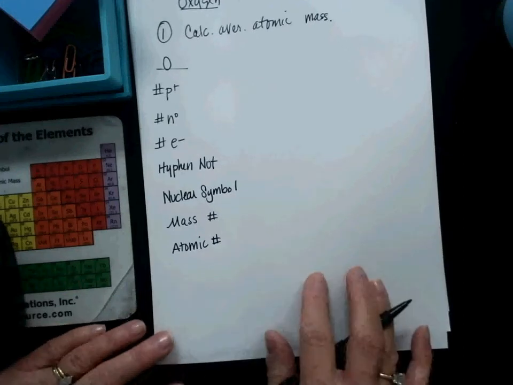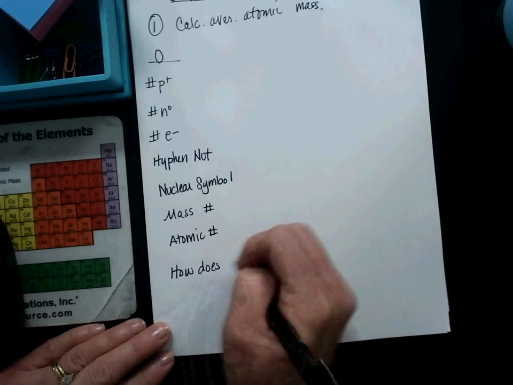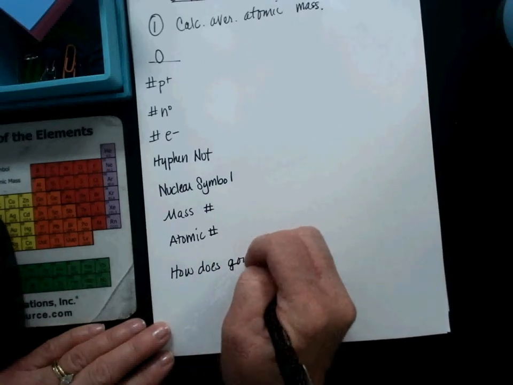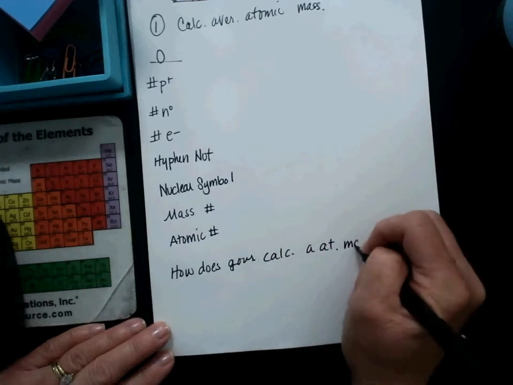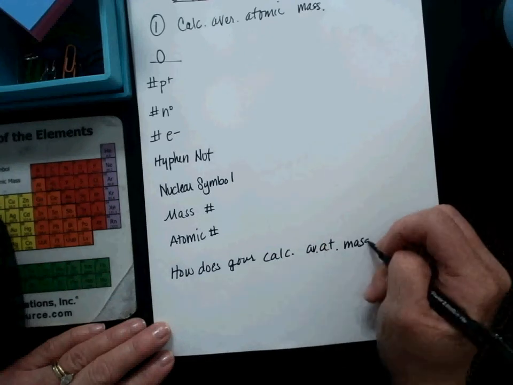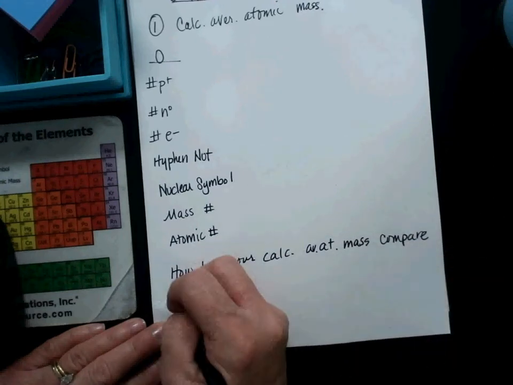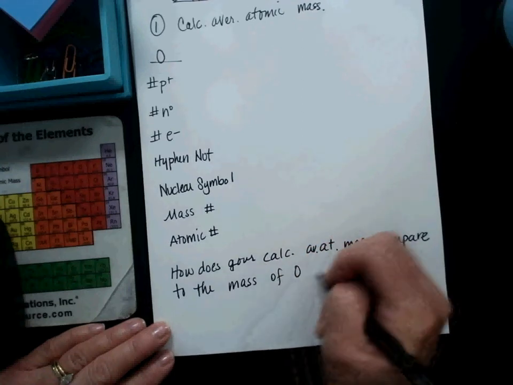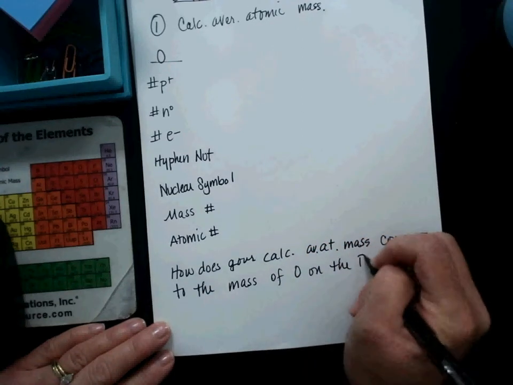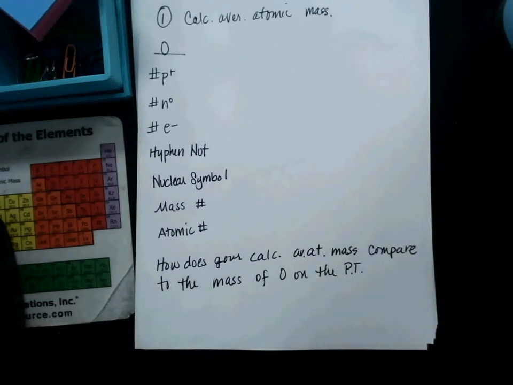I want to know, last thing, how does your calculated average atomic mass compare to the mass of oxygen on the periodic table? Okay, see if you can work through that. Like if you can answer every one of those questions. Try to do it without flipping back and looking at any of your notes and see how you do.